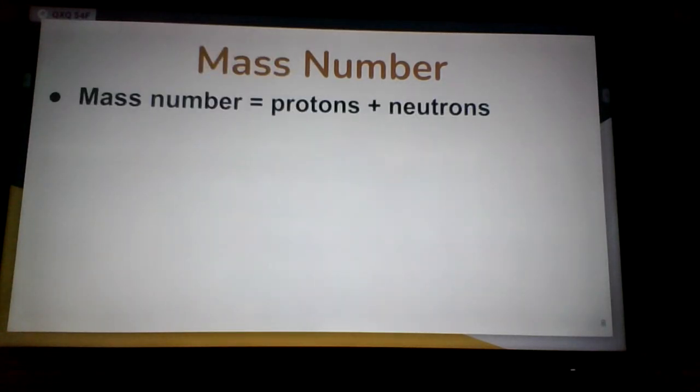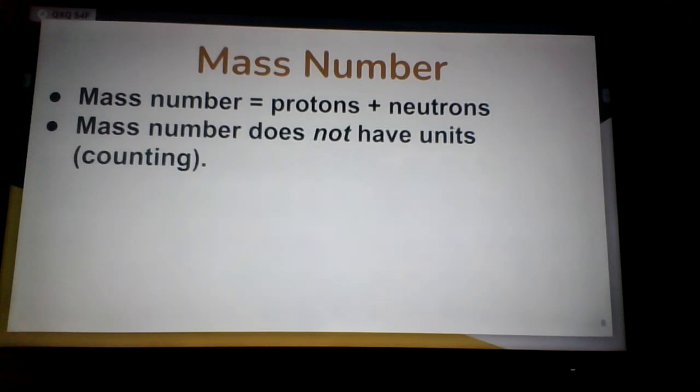Mass number. I mentioned this a little while ago. The mass number is the number of protons plus neutrons. Protons will always be the same. Neutrons can vary. The mass number does not have a unit, and that's because the mass number is not a measurement such as 25 kilograms or 10 meters per second or 65 ounces or 28 newtons.